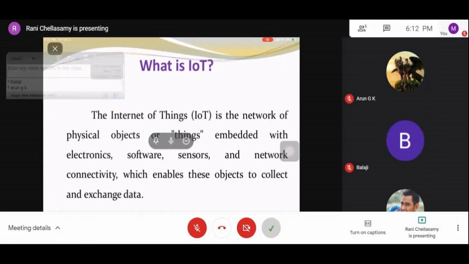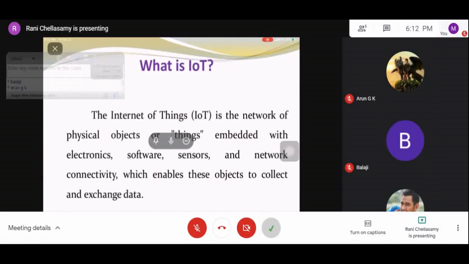The sensors will be fixed in those particular devices, with network connectivity, that is, all the devices will be connected to the internet, which enables all these objects to collect information or data, and the information will be shared. So this is called Internet of Things.